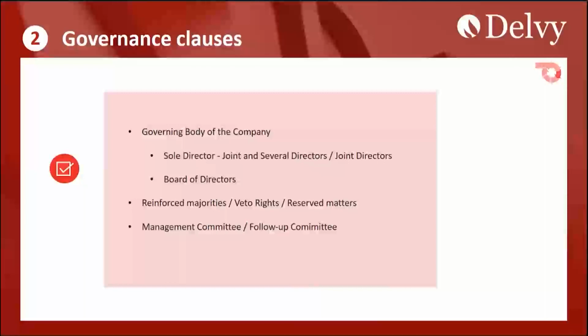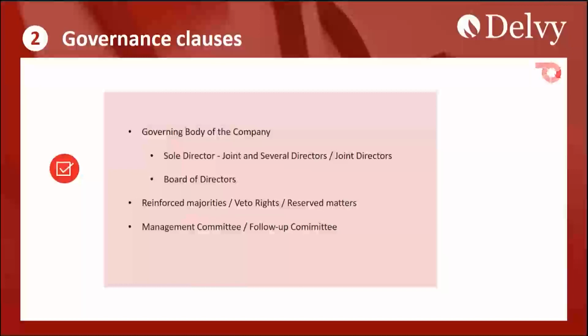So that would be a veto, right? You might also have not completely a veto, but reserved matters, in which you can say these type of decisions will be subject to approval by majority, as long as within that majority I, as an investor, am also in agreement with this decision. So this could be a term of reserved matters.